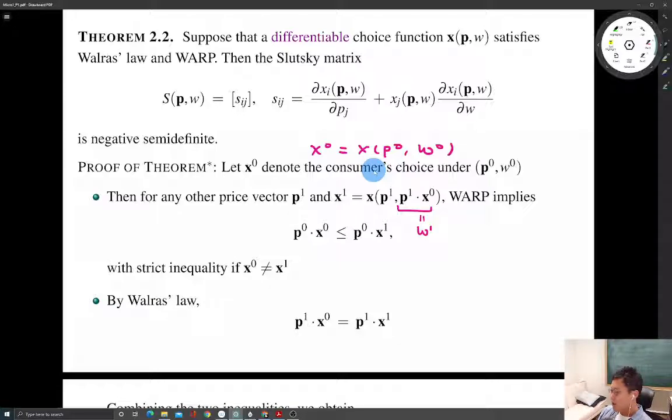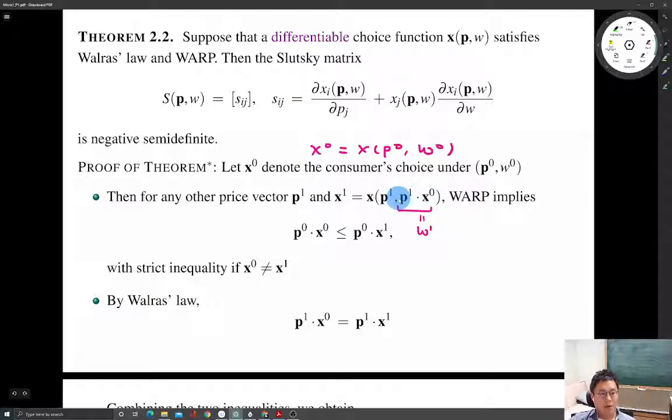The other is Slutsky compensation, which compensates the consumer so that they can go back to the original bundle. So we adjust the income so the consumer can get back to the previous bundle.